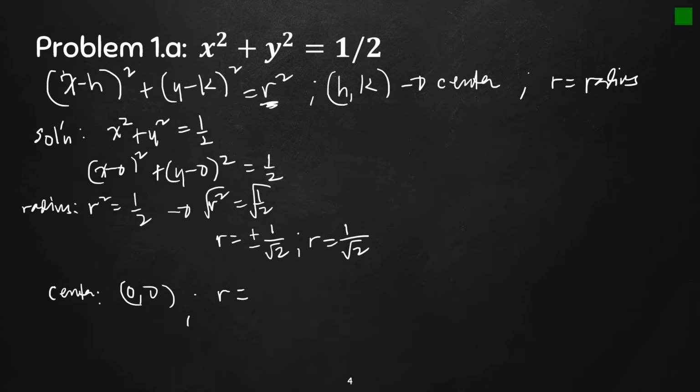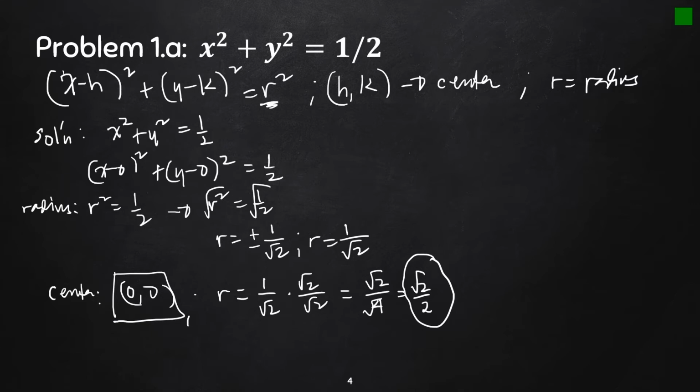And we need to rationalize that. Multiply by square root of 2 over square root of 2, that is square root of 2 over square root of 4 equal to square root of 2 over 2. So our radius is square root of 2 over 2, and our center is at 0, 0.